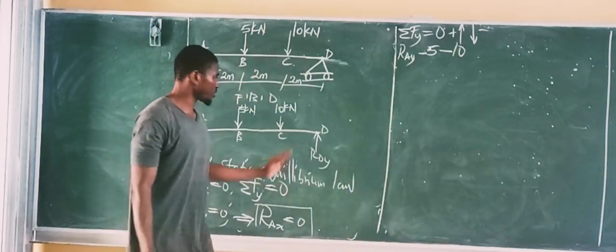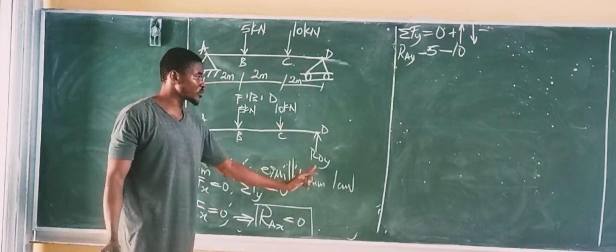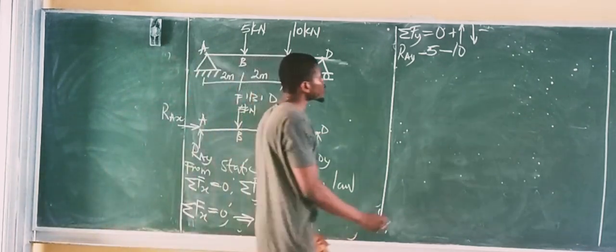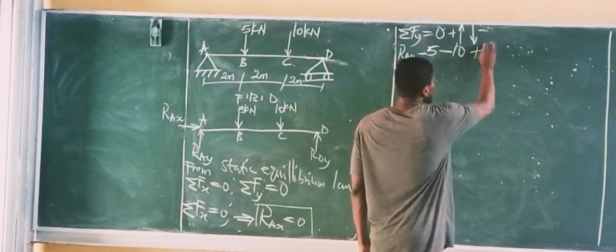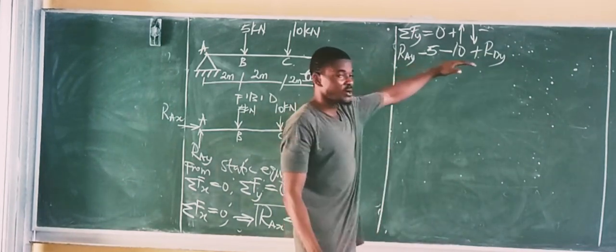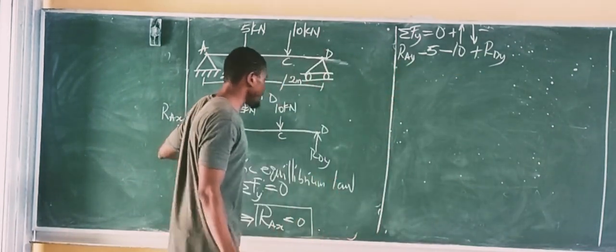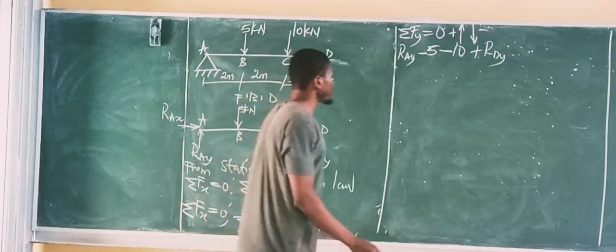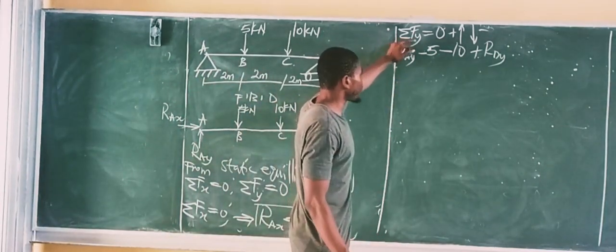Finally at point D, we have RDY pointing upwards, so it's positive, plus RDY. These are all the vertical forces on the beam. There is no other vertical force on the beam. From the equilibrium law, the summation of all the vertical forces equals 0.